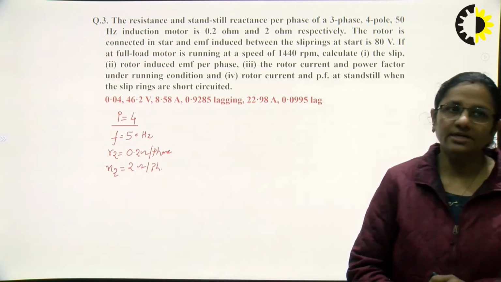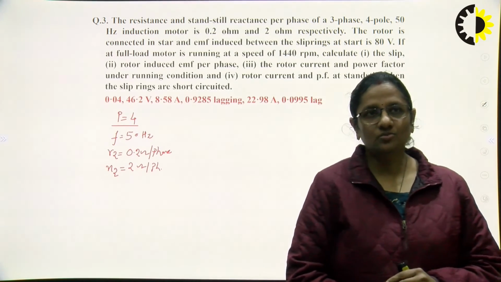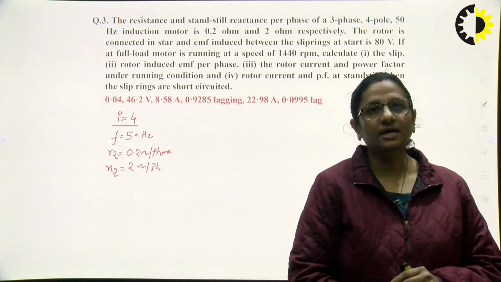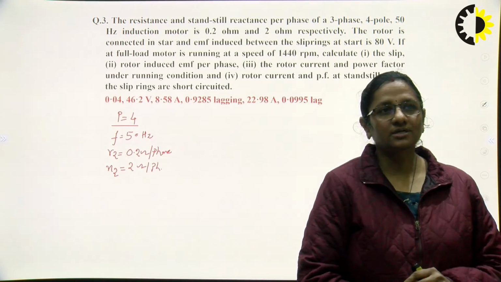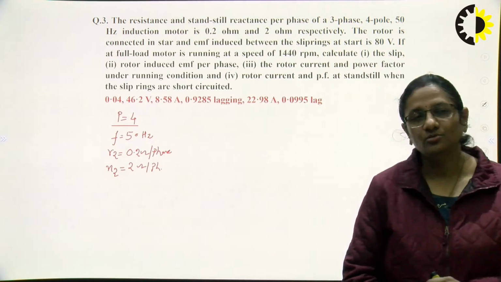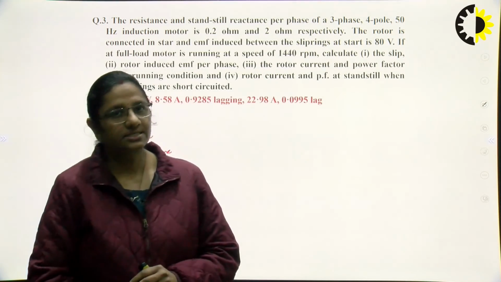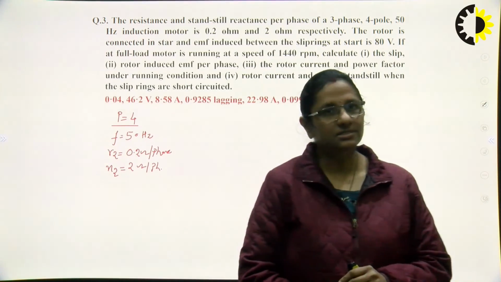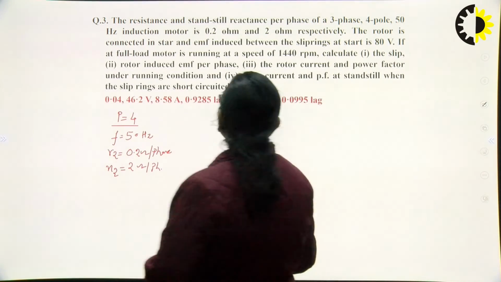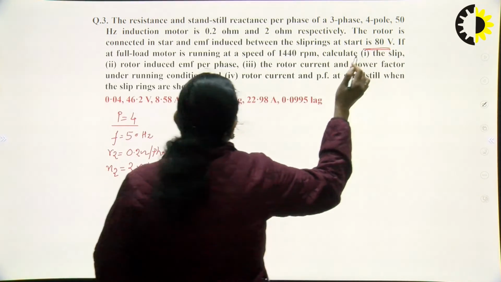It is a slip ring induction motor. Between two slip rings, the induced voltage is given as 80 volt. What it implies is that this 80 volt is the line induced voltage in the rotor circuit.